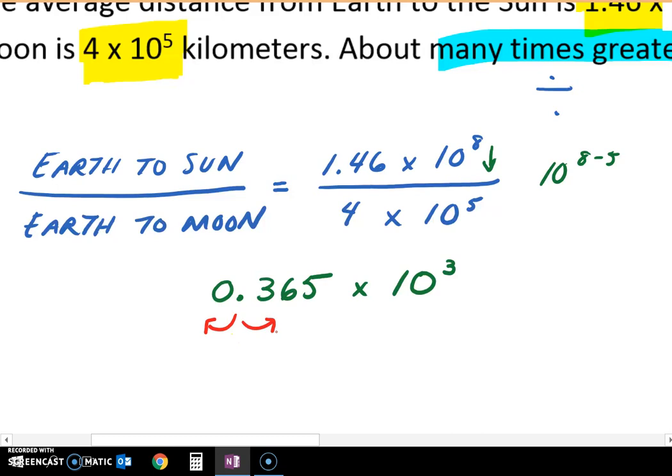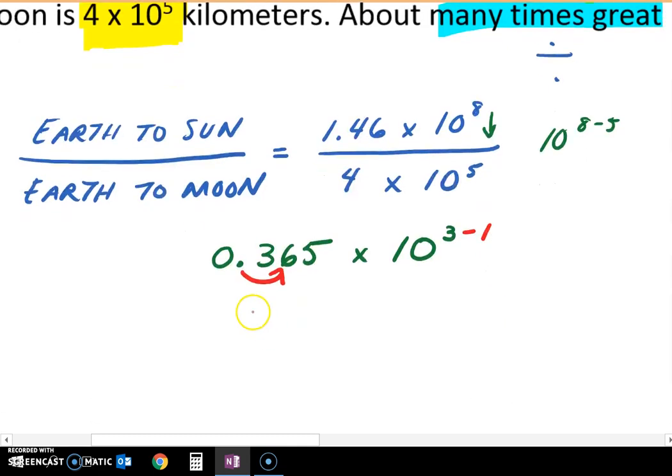So hopefully you were able to see that we need to subtract a space by moving that decimal point to the right. So I'm going to take away a space here, meaning I take away 1 from my exponent, and that leaves me with 3.65 times 10 to the second power.